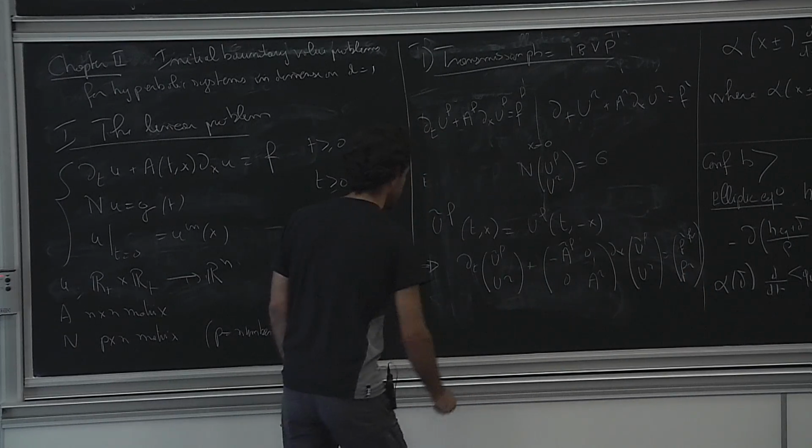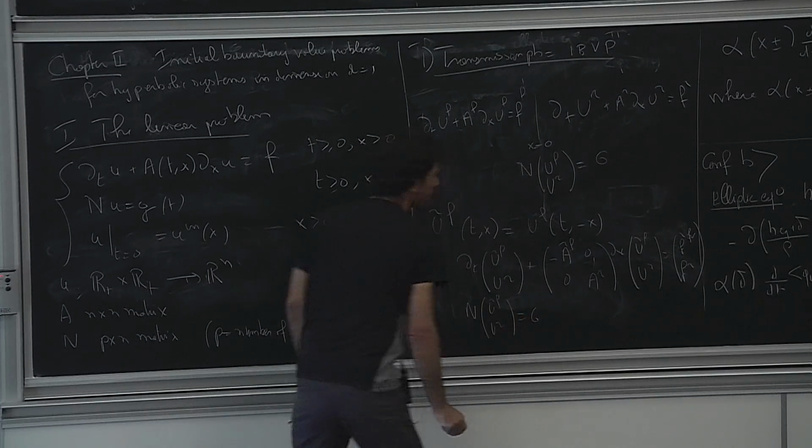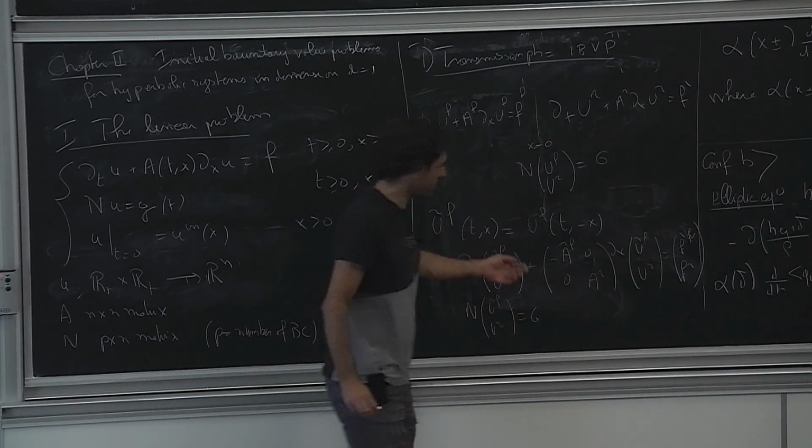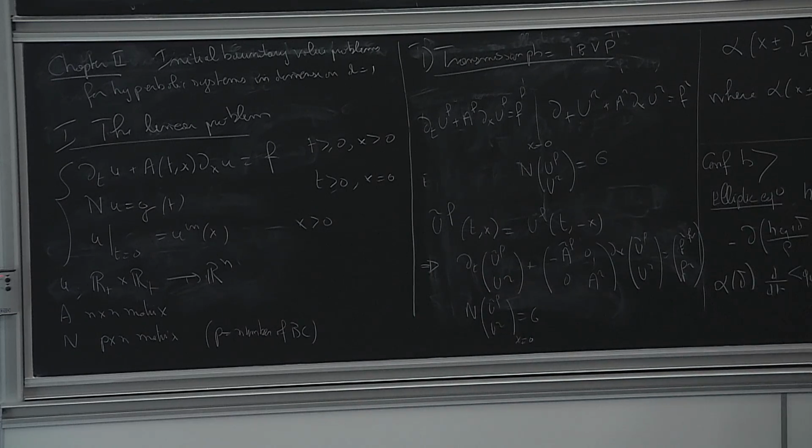Okay, and N of (ũ_L, u_R) is equal to g. Okay, so this is on x equal to 0.